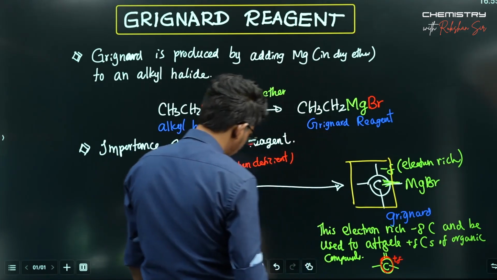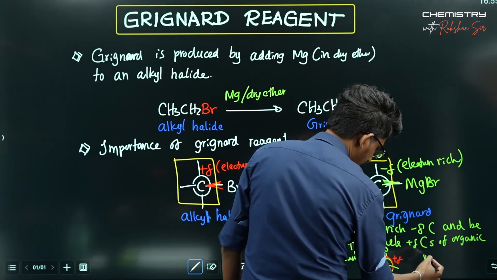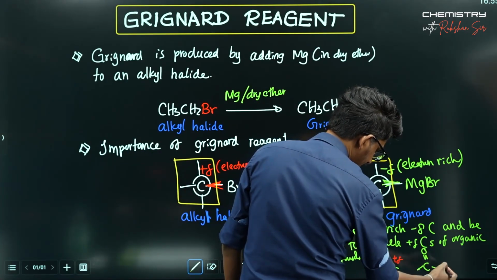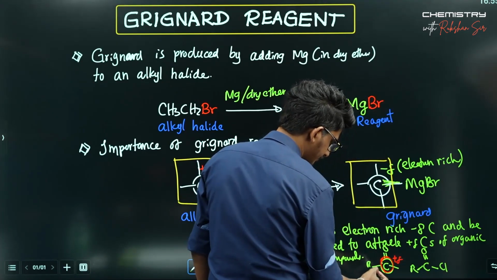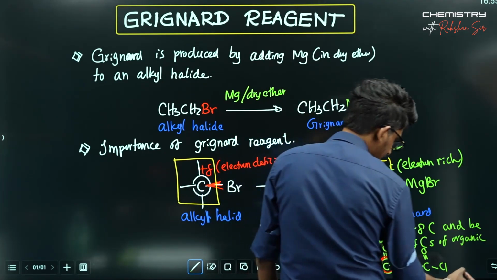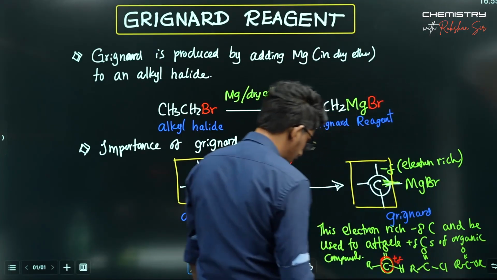Even with acid chlorides and esters, those have electron deficient carbons.